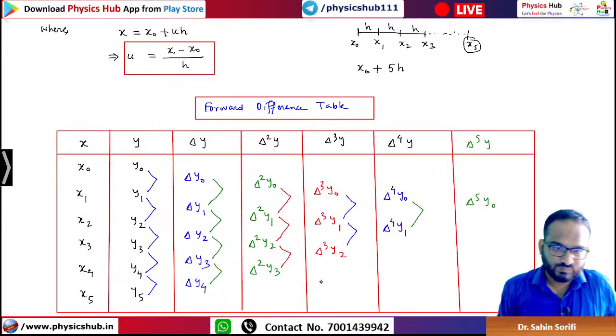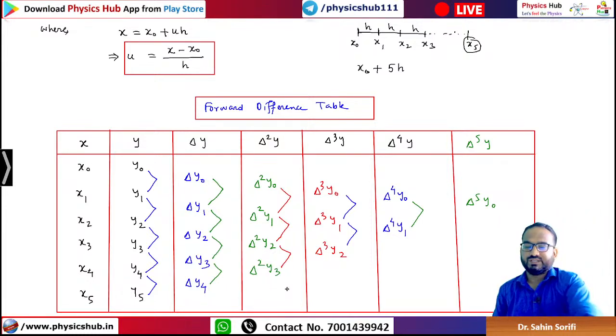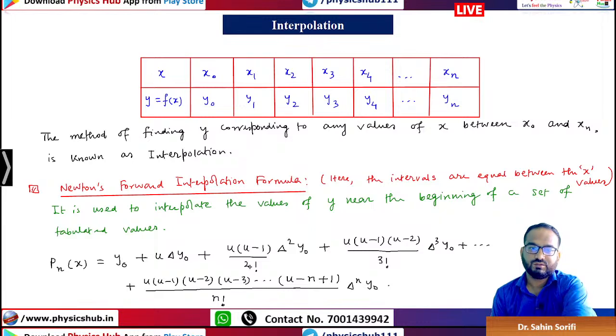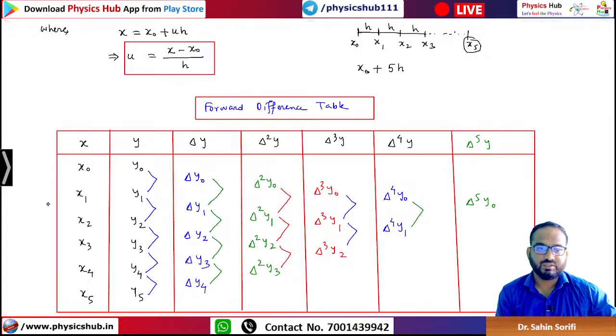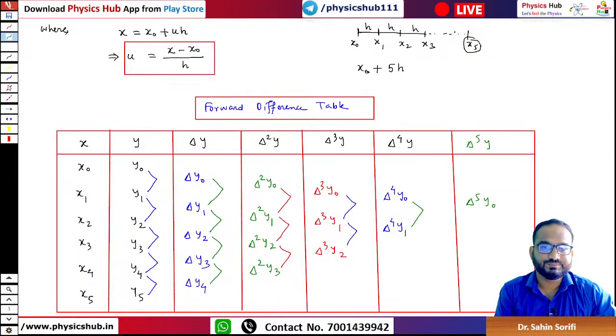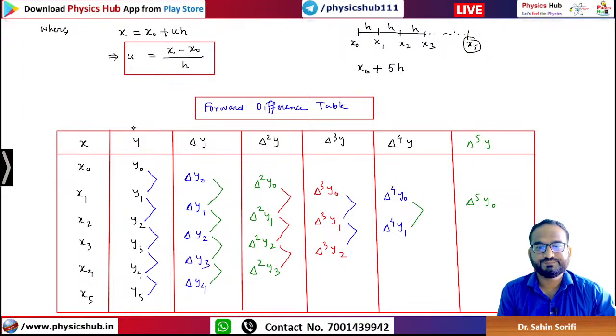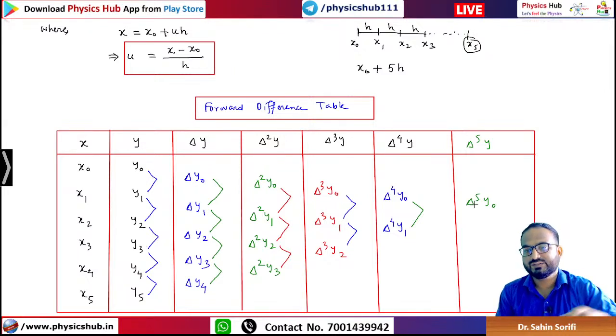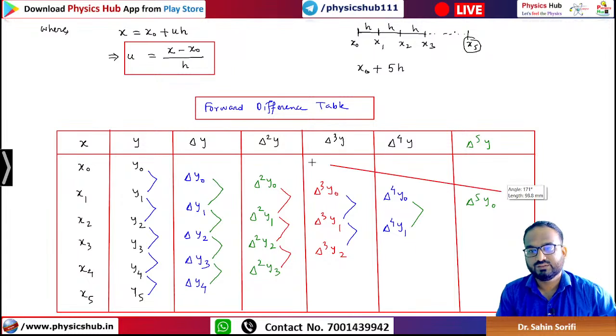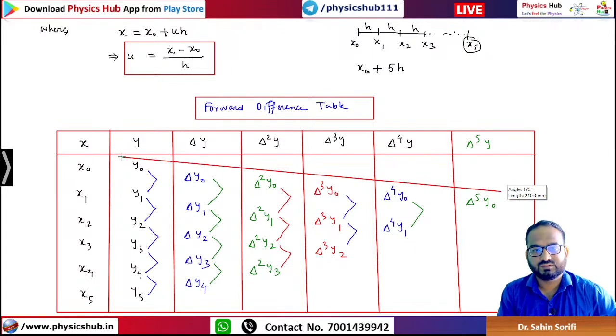Okay, so one thing you notice here: what you require is delta y0, delta square y0, delta cube y0, which means you require the first of these values, isn't it? We are basically in need of these values.